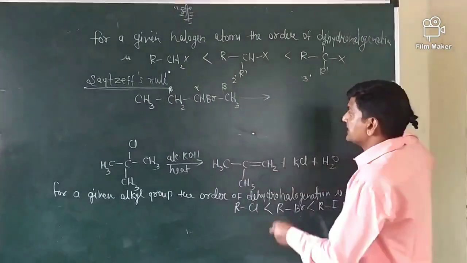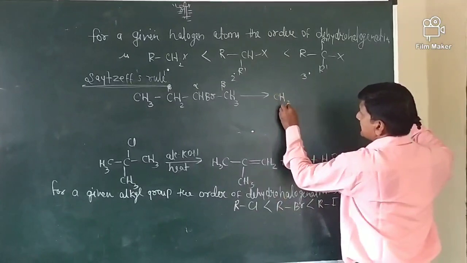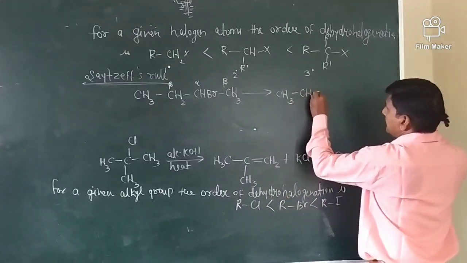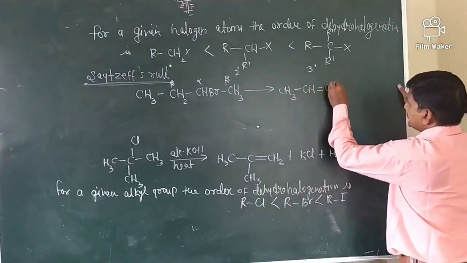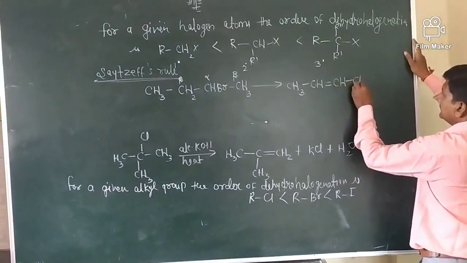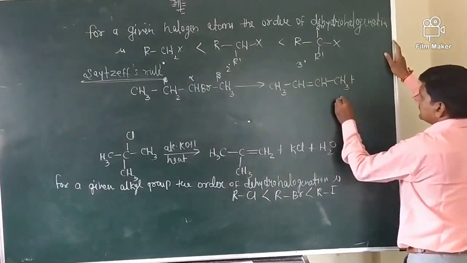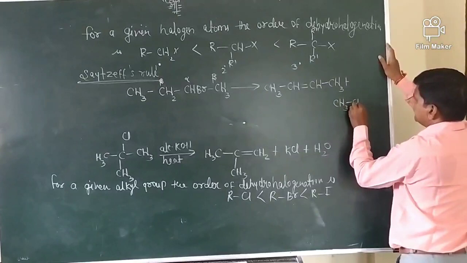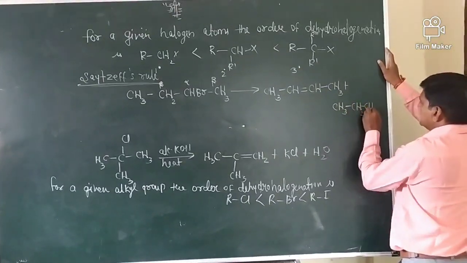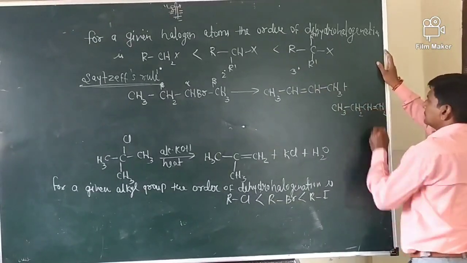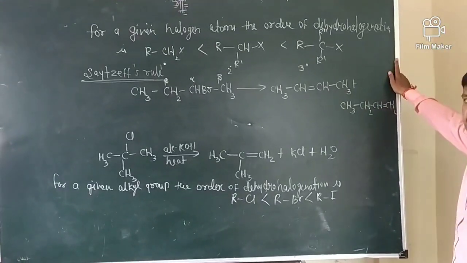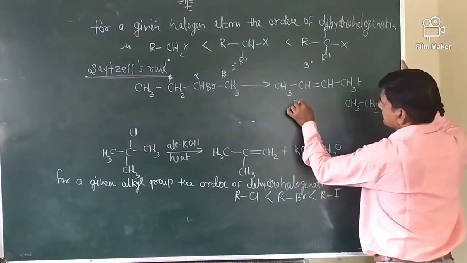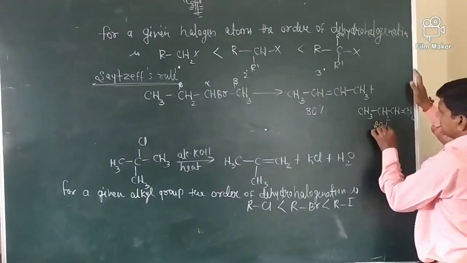Then it will form CH3CH=CHCH3, plus a little quantity of CH2=CHCH2CH3 also forms. This is 80% and this is 20%.